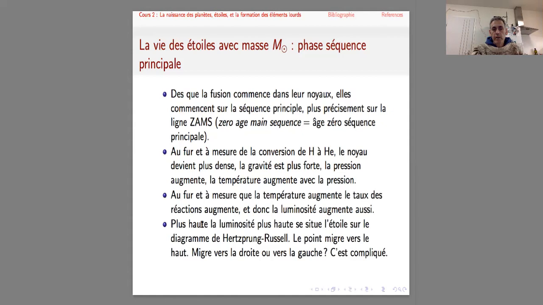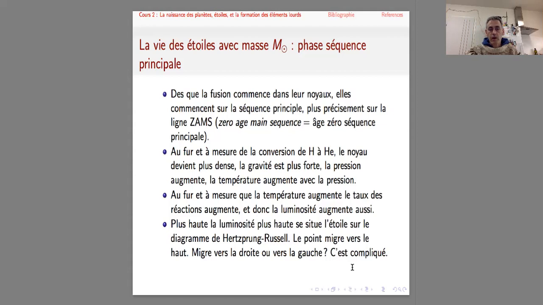For that reason, the luminosity of a star increases with time, and so it migrates upwards on the Hertzsprung-Russell diagram. It migrates upwards from this ZAMS zero-age main sequence line.